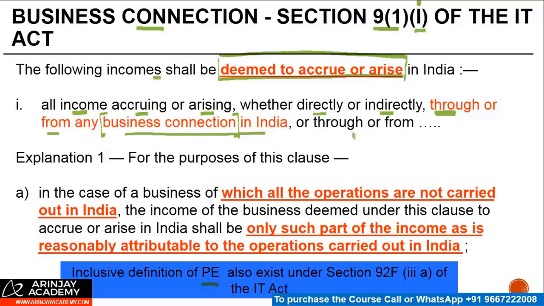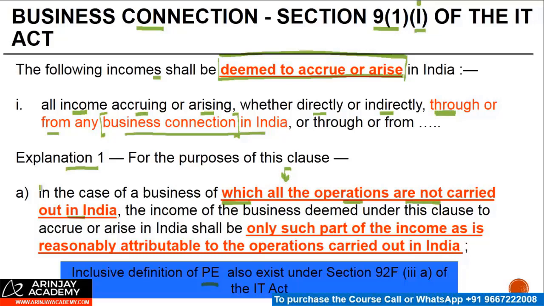But then the question comes up: would the entire profits be taxable in India in this very example? For that, Explanation 1 is prevailing and it reads as under: for the purposes of this clause, in case of a business of which all the operations are not carried out in India. If all operations were carried out in India, then obviously the entire profit is taxable in India.